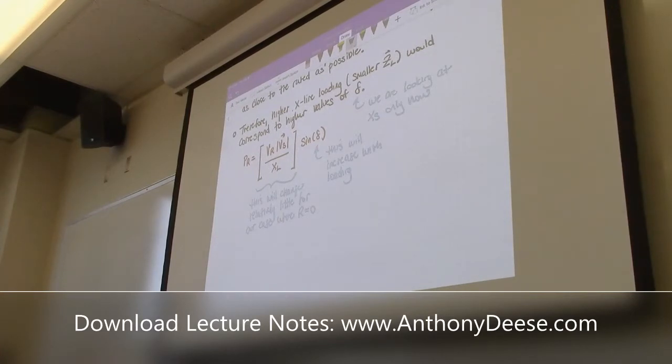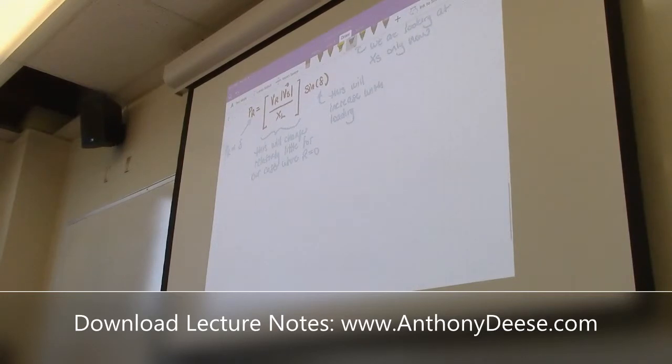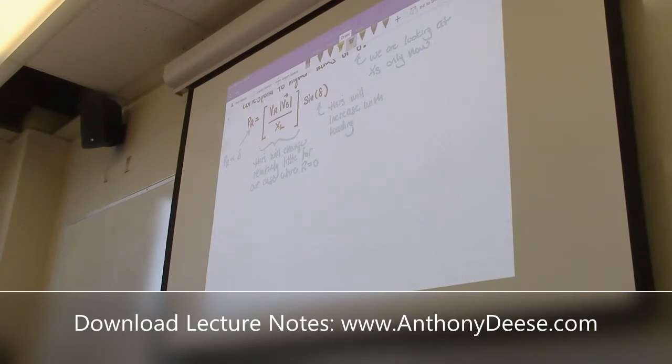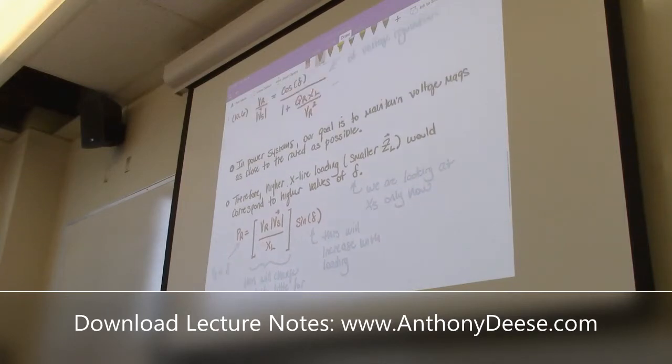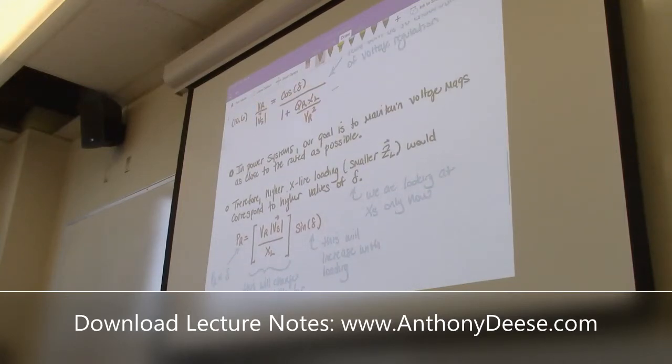And that means that this will be proportional to sine of delta, and for small values of sine of delta, we can just say that that's equal to delta. So how do these two equations relate to one another? 10.6 and whatever the number is for this one.